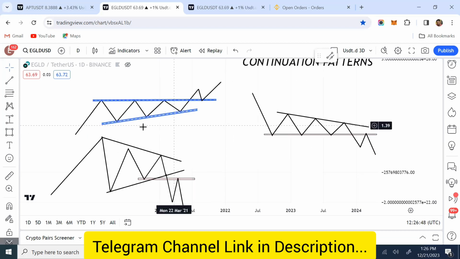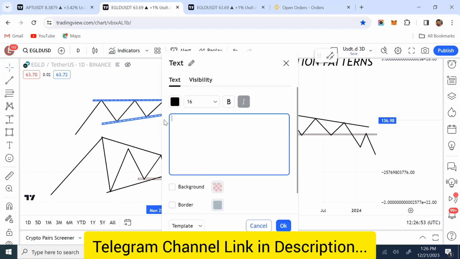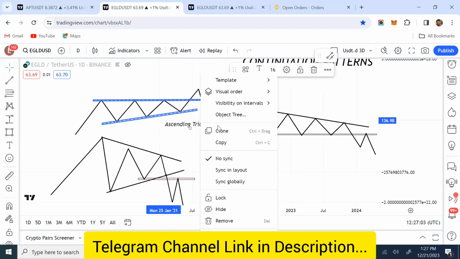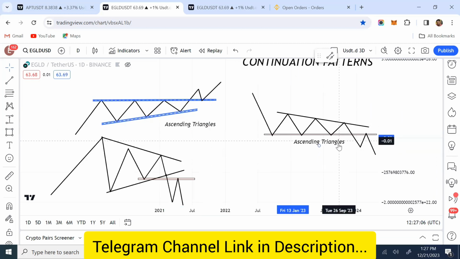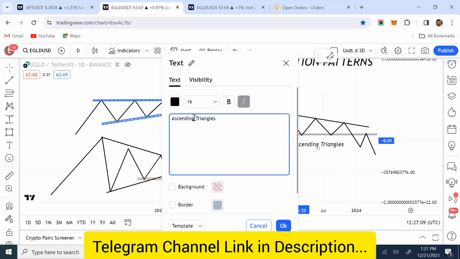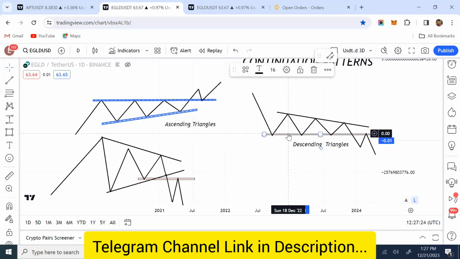Okay, now we've talked about ascending triangles. Let me label them. We've talked about descending triangles.